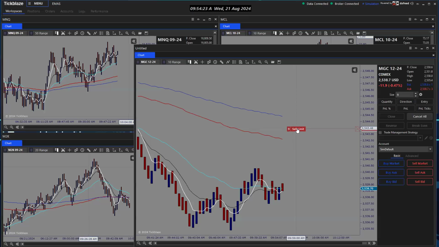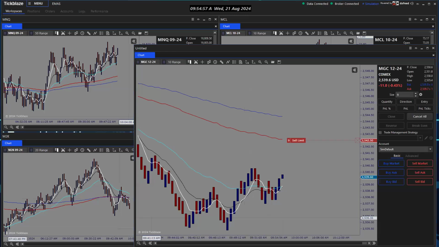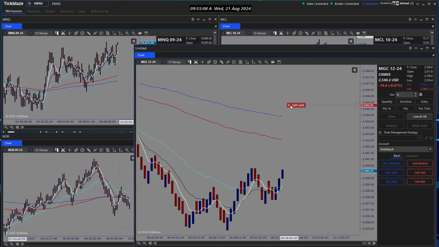If it comes back down, then we can look to move our order into position, but I want to see a little bit of follow through first before I move this into place. Yeah, you just cross back up. So we'll cancel this out for now.